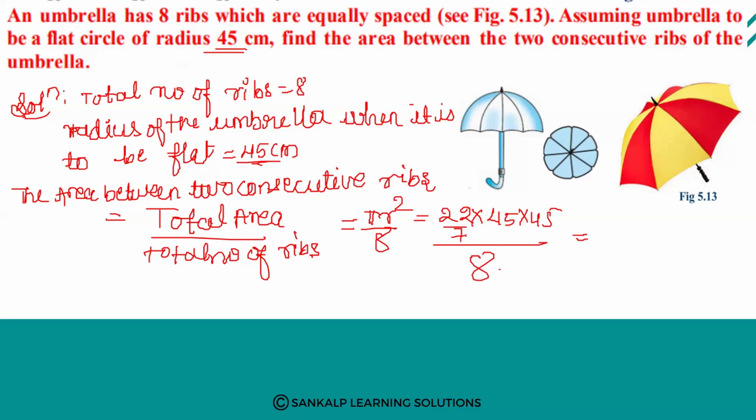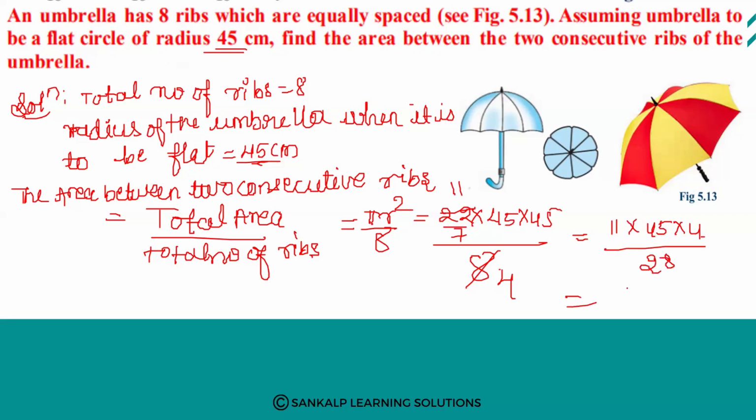So 22 divided by 7 into 45 into 45 divided by 8. 2 fours are 8, 2 elevens are 22. So 11 into 45 into 45. Here 7 is there, and if you transfer this 4 to this side, 7 into 4 is 28.